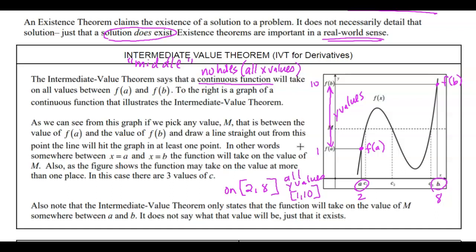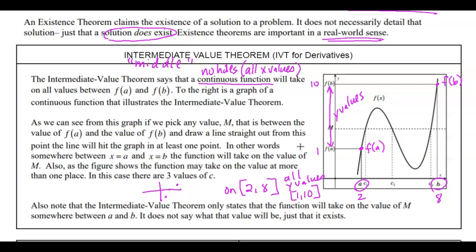A lot of times on functions, they want you to justify that there was a solution. A solution would mean that it was equal to 0. So what you usually have to prove is that one of your y values was negative and one was positive. Then it's guaranteed somewhere on that interval there would have been a solution. You won't be able to find it, but it's guaranteed that there will be at least one solution.